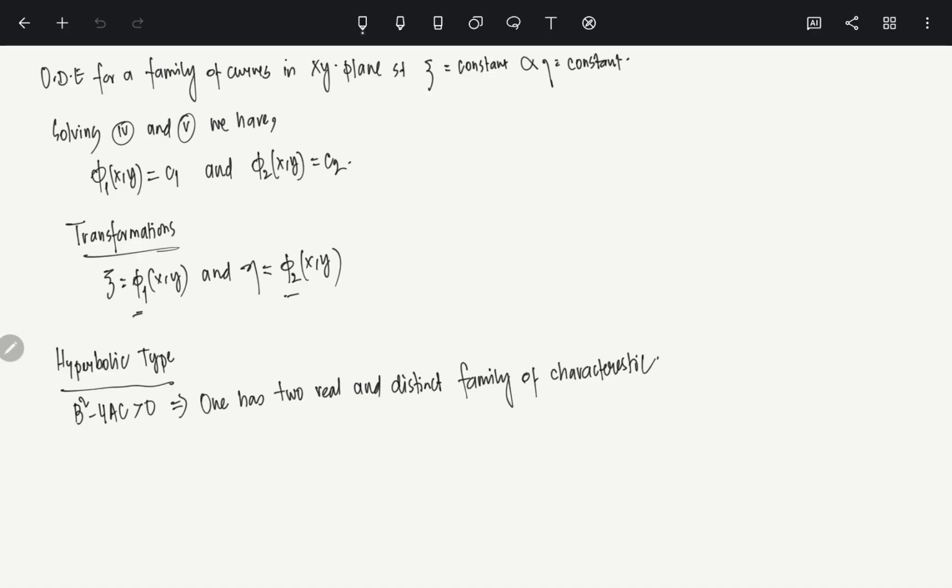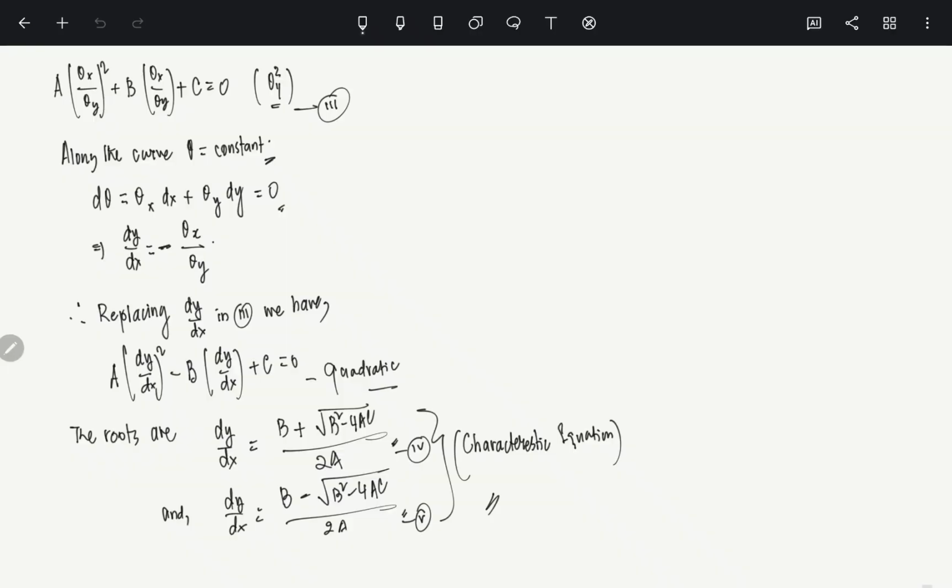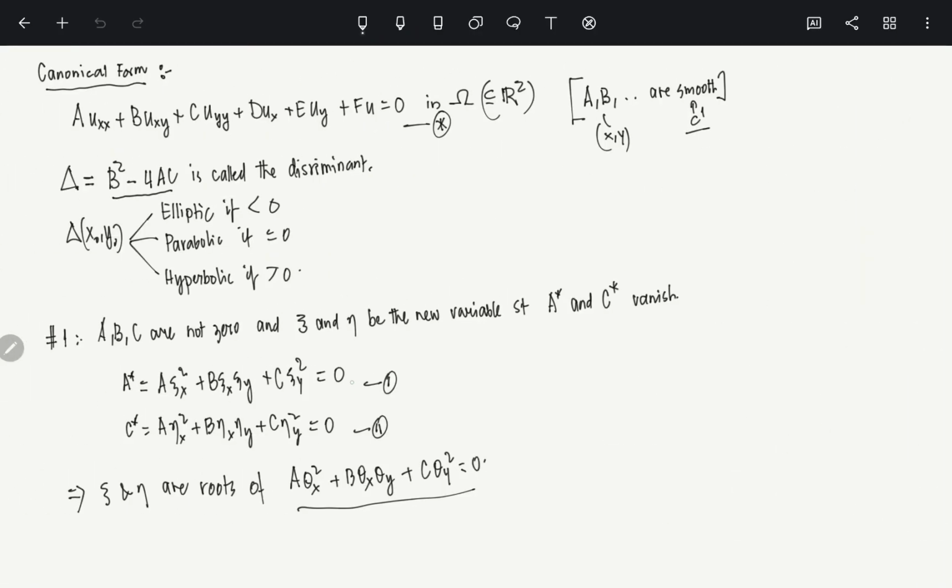Now, if you do that, what happens to our original equation? In the original equation, A star and C star are basically 0. We have chosen xi and eta in such a way that A star and C star are 0, so we are only left with B star. The transformed equation looks like A star, B star, C star replaced accordingly, so those two terms won't be there.